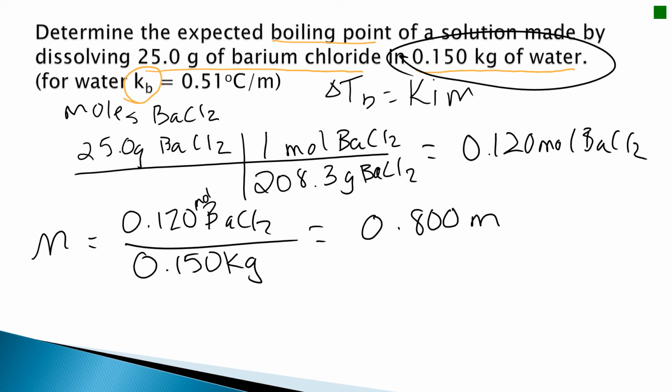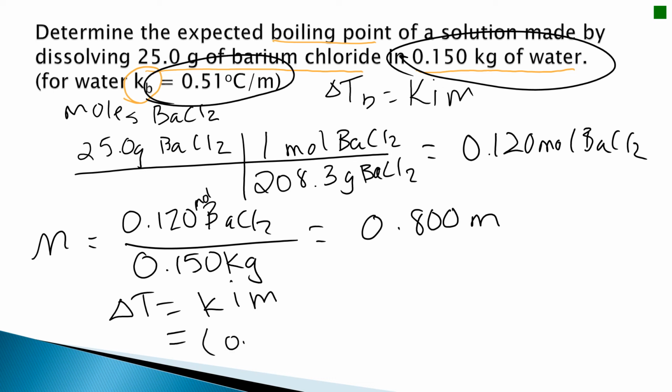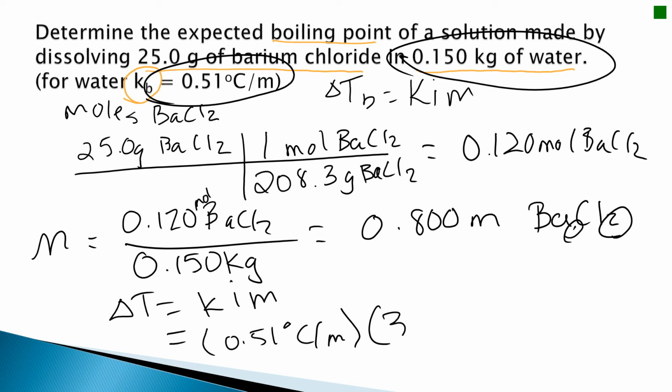Now I'm ready to put it into my delta T equals KIM. My K, they gave it to us, was 0.51 degrees Celsius per molal. My I for BaCl2 is going to give off 2 from the Cl and 1 from the Ba, so it's a total of 3.